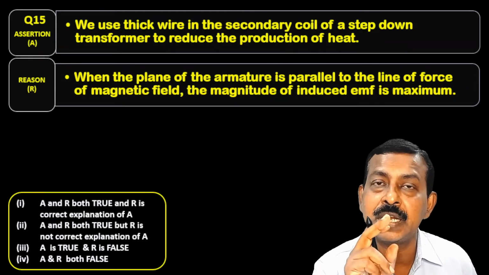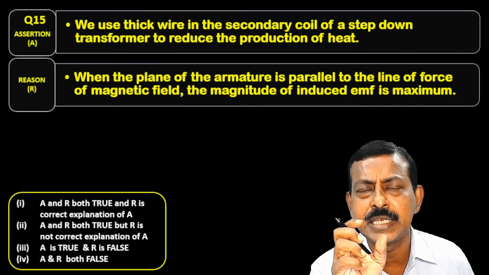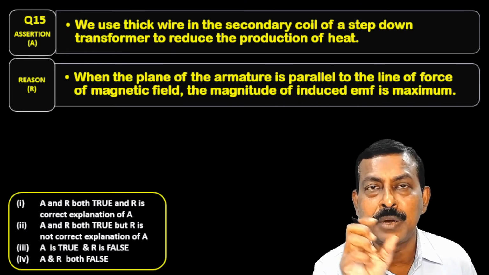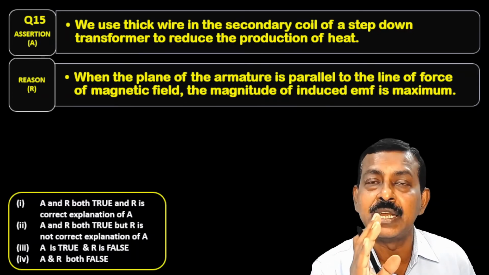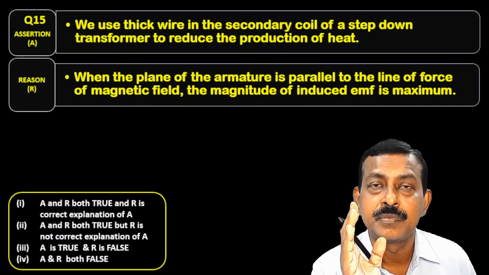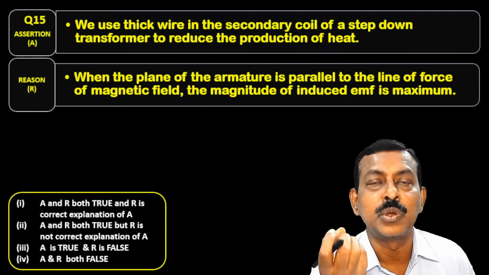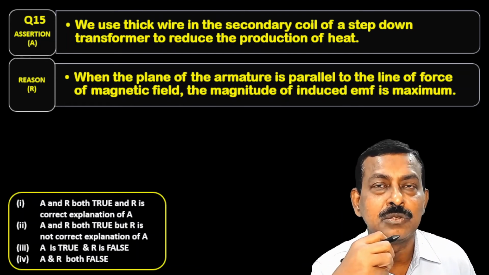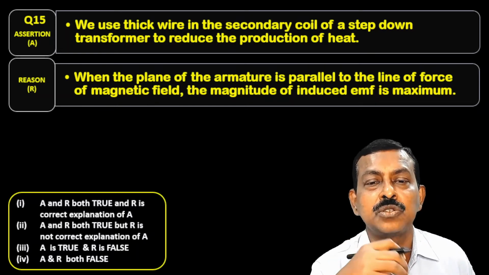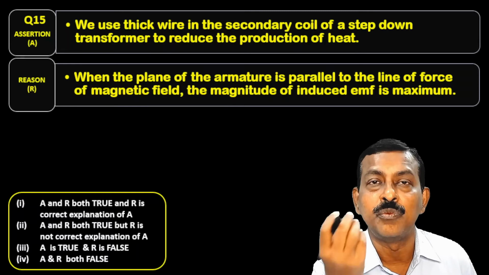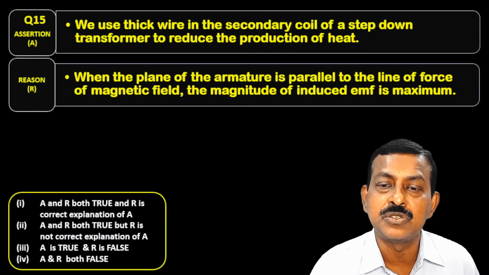In the ideal case, input power and output power are equal, so as the voltage is less, current will be more. So heat produced will be more. So if you are using thick wire, the resistance will be less, so the energy loss or heat produced will be less. So this is true.